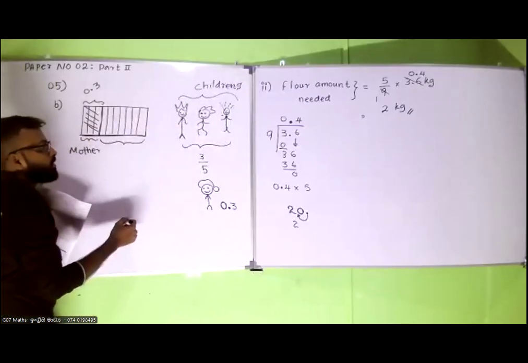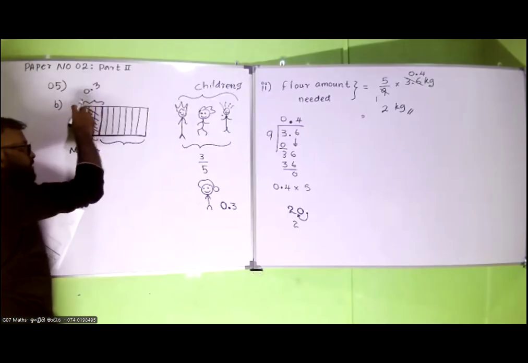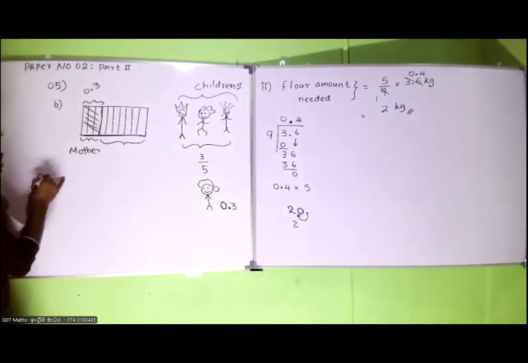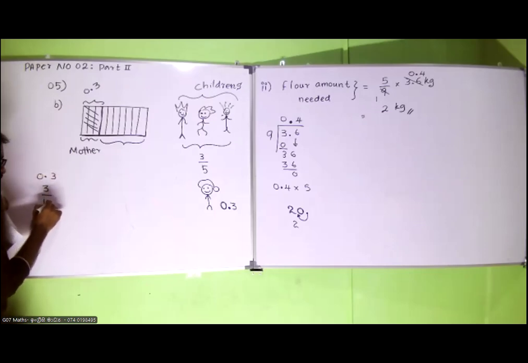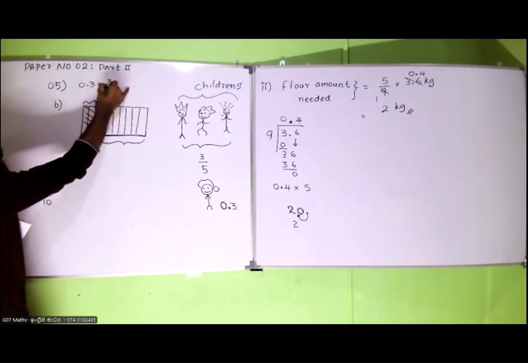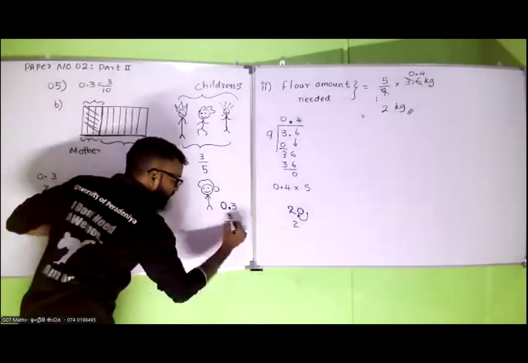There is something to be understood. First of all, we had 0.3. In another word, 0.3 means 3 upon 10. 3 upon 10 for the mother.